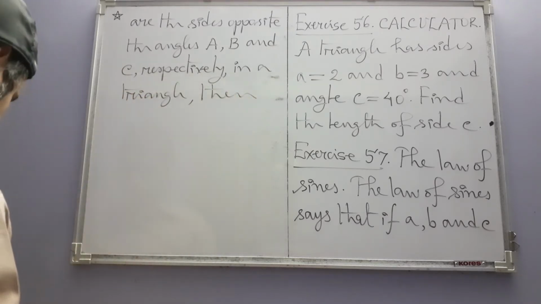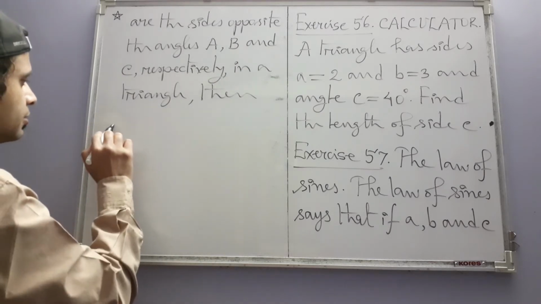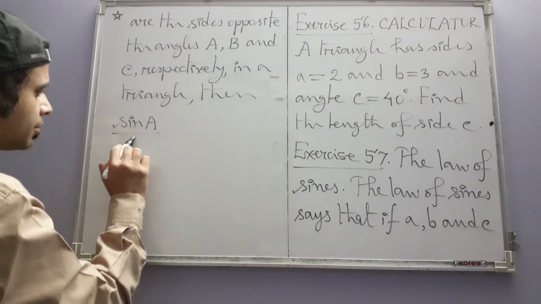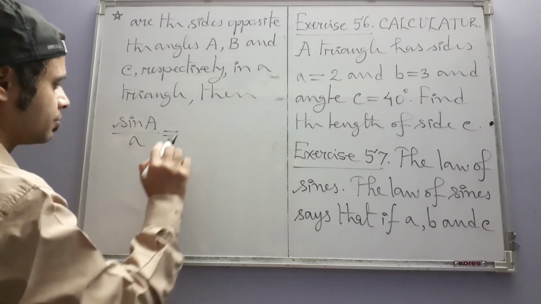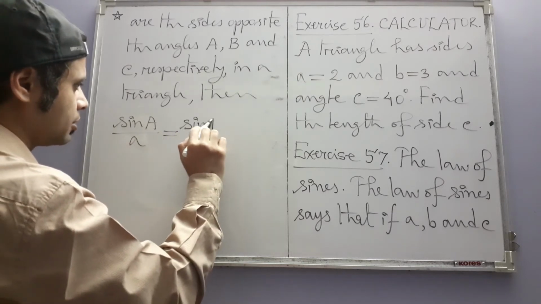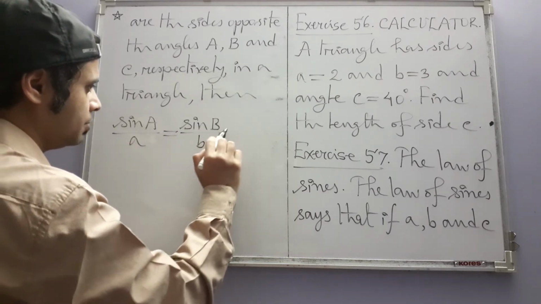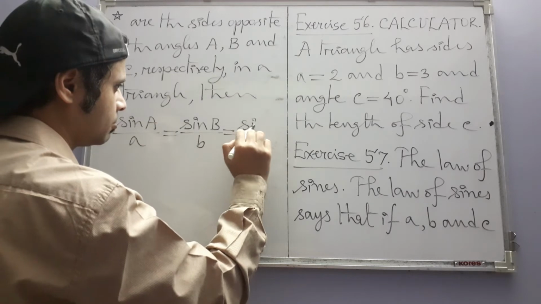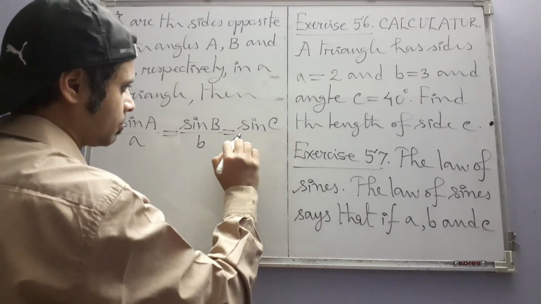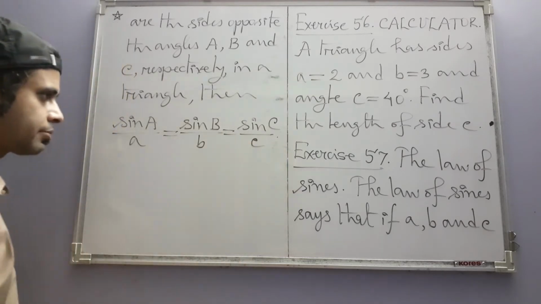Then sine A divided by a is equal to sine B divided by b, that is equal to sine C divided by c.